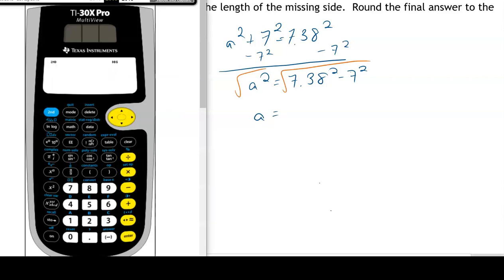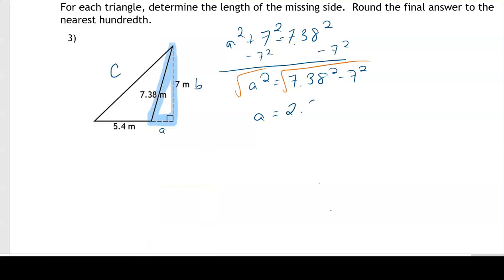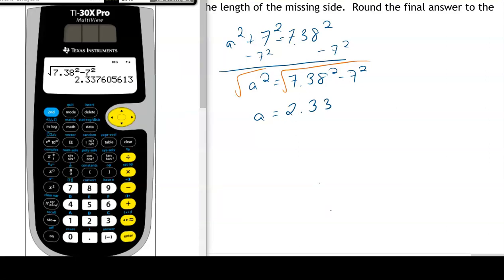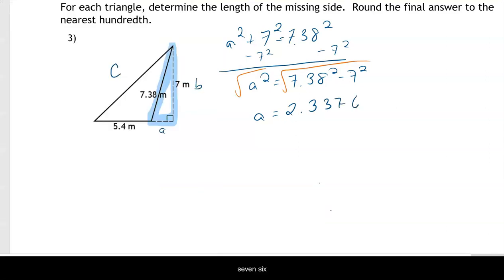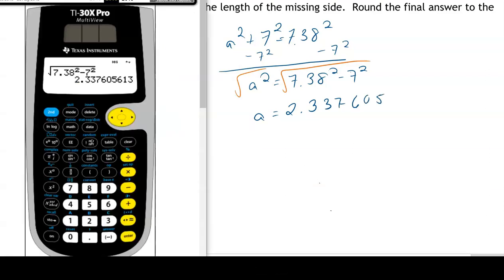So second square root and 7 3/8 squared minus 7 squared and equals, that would be 2.337605613.